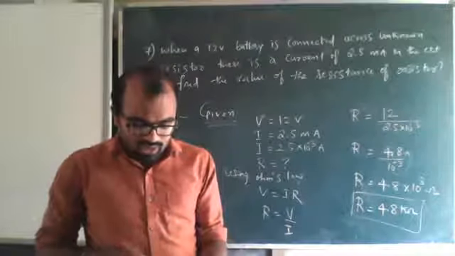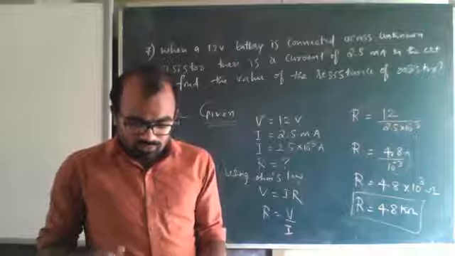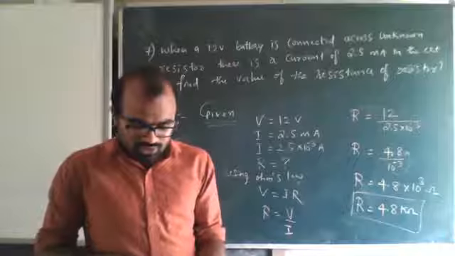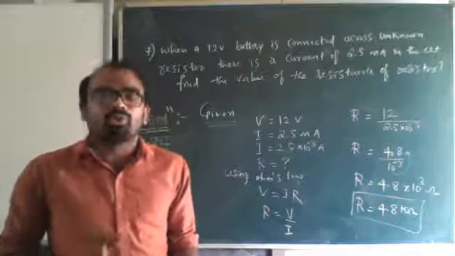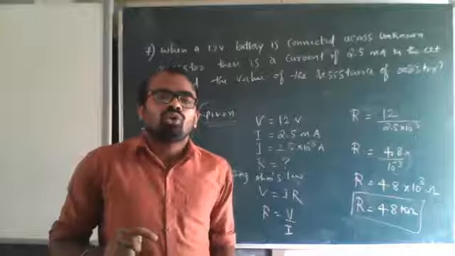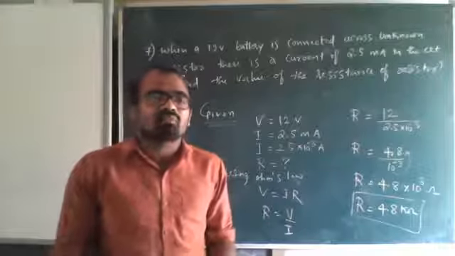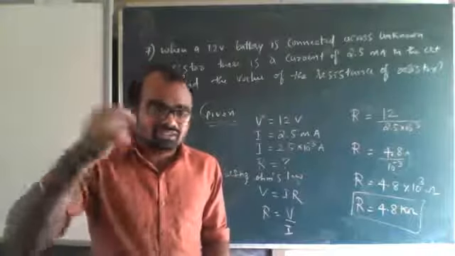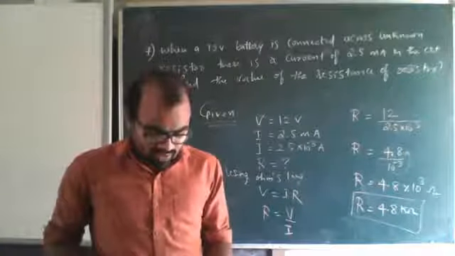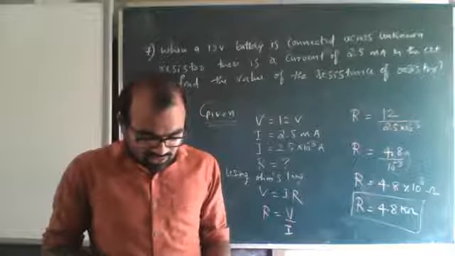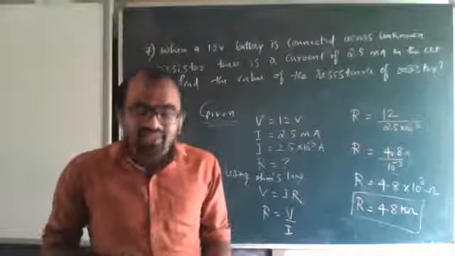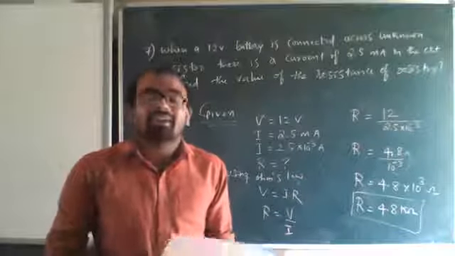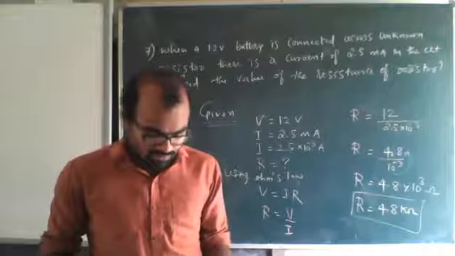Whose resistivity is more will not conduct electricity well. That means if the resistivity is less, it is a good conductor. Out of these two, iron has less resistivity. That means iron is a better conductor compared to mercury.